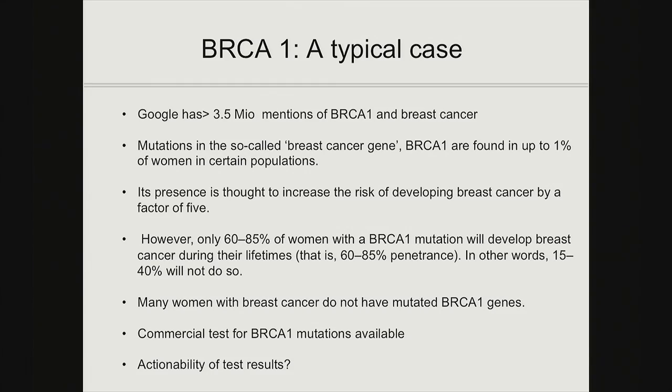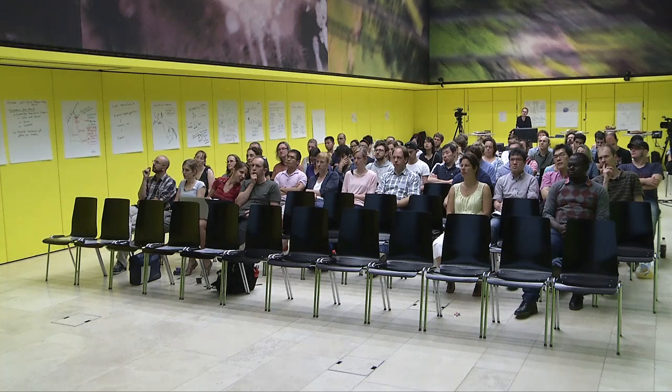It occurs not in all patients, not in all individuals that have a mutation in these genes. In about 60 to 85% of women who have a mutation in this gene, they will develop breast cancer during their lifetime, statistically speaking. So this is dangerously close to a 50-50 chance.